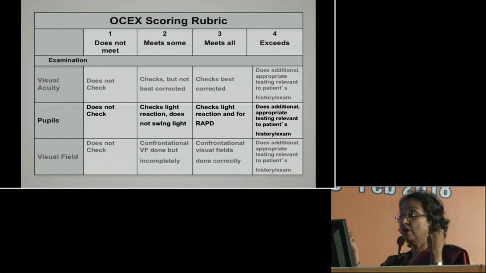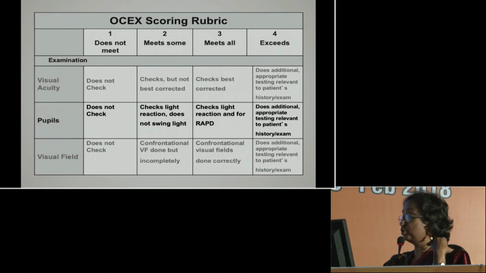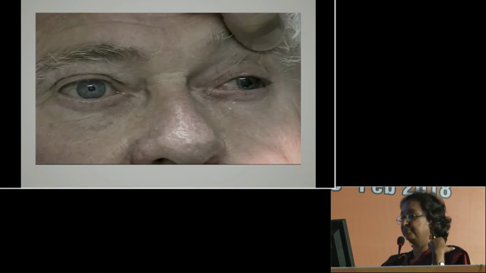But this immediately tells you the postgraduate's ability to examine the pupils. At the end of this encounter, you sit them down and say, hey, this is not how you examine pupils. What you did was right, and what you didn't do was this. So the OCEX can be used for immediate feedback.